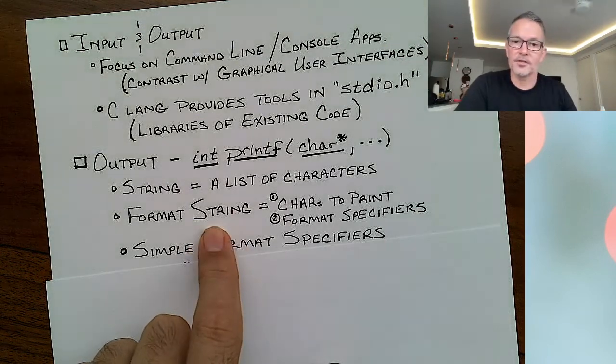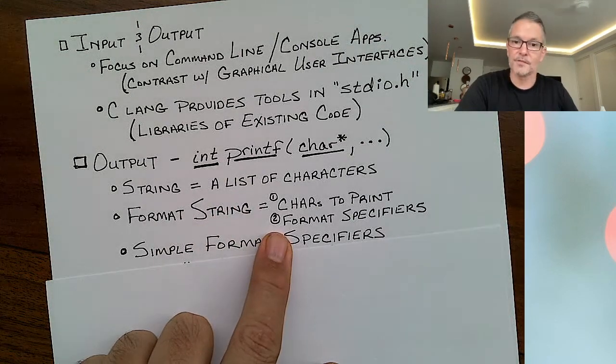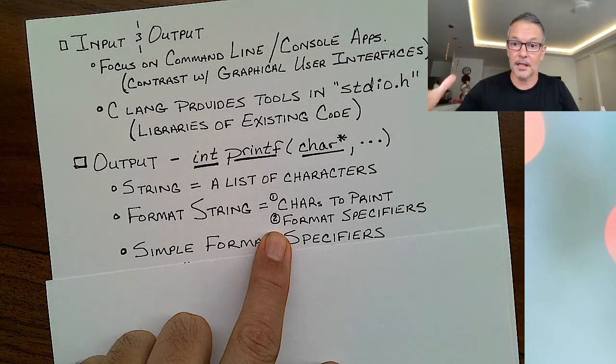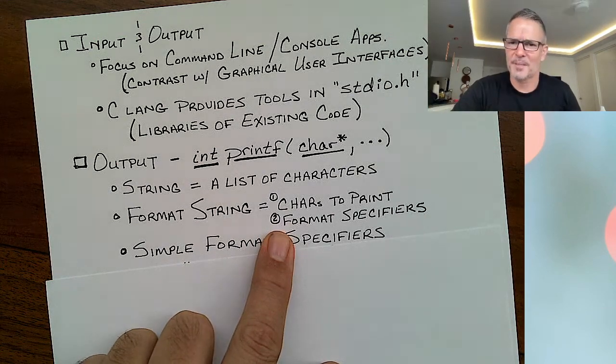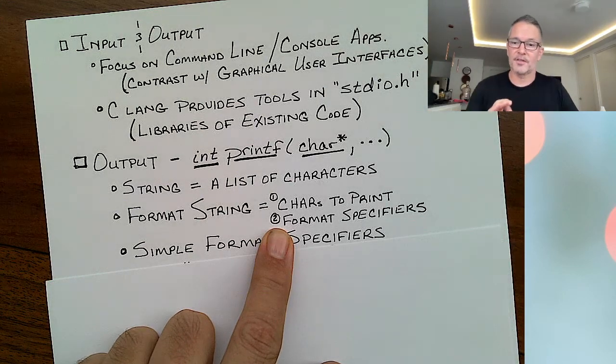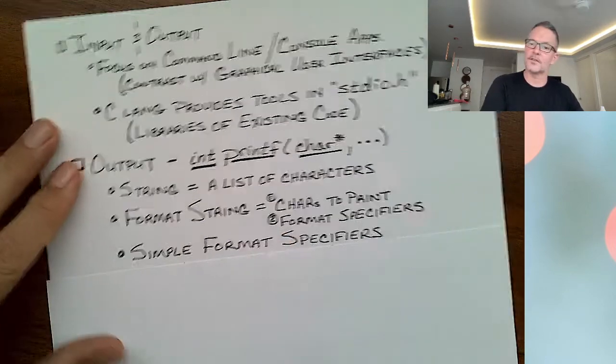This sequence of characters in this function is called a format string, and it includes characters that you want the computer to print out to the screen, like hello, goodbye, whatever you want the computer to print out on the screen, and then also format specifiers, which describe something that you want the computer to read out of memory and write onto the screen. And we're describing to the computer how to do that, how to read something out of memory and write it to the screen.